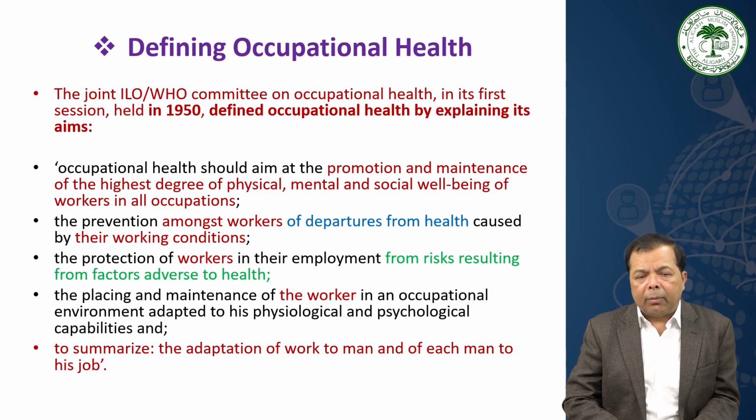So, the summary says the adaptation of work to man and of each man to his job. So, basically, both types of adaptation are required here. When we have this kind of situation where adaptation can take place both ways, then we can say that this is more congenial or convenient for maintaining good health in the work environment.